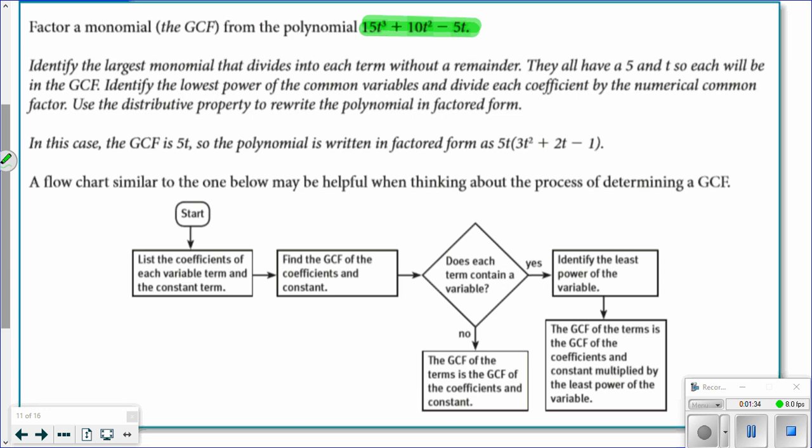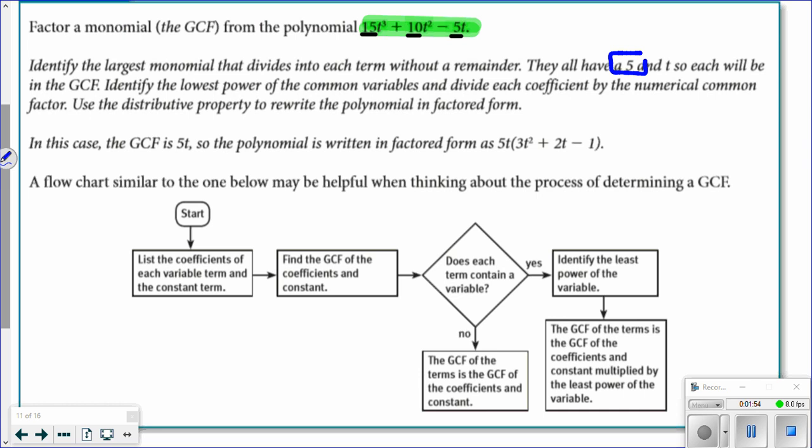Okay, so we want the biggest number that goes into 15, 10, and 5, or that is the factor of all of those. And since 5 is the smallest number, I always start there and see if it works. And it does work in this case.